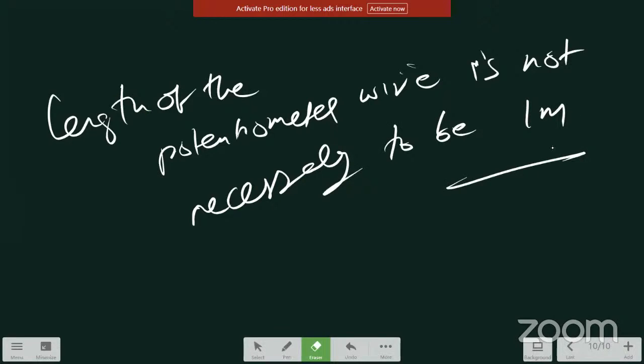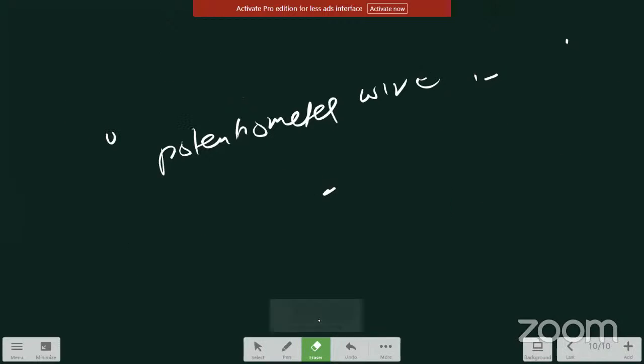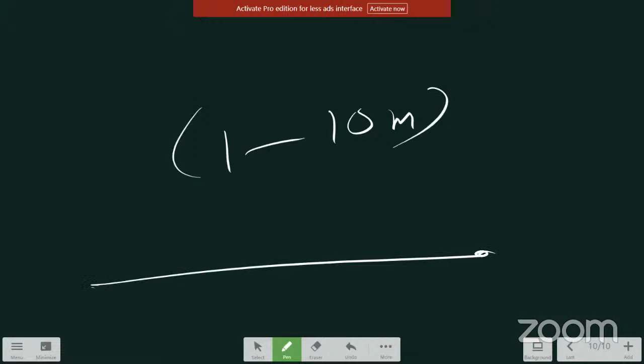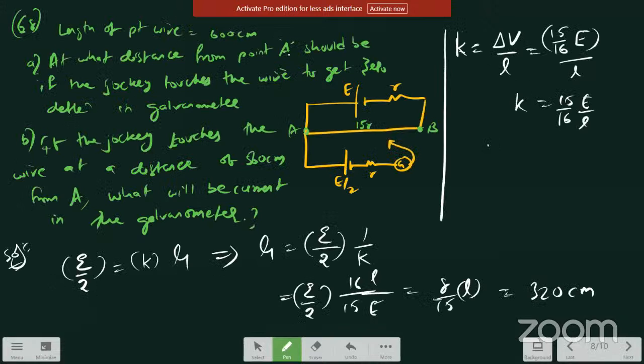It may be in the range of 1 to 10 meters. Did you get it? Here L is given as 1 meter, whereas here the length of the potentiometer wire is given as 600 centimeter, right? So what's your doubt? Hope you got it. So this is how we found the first part of the question.